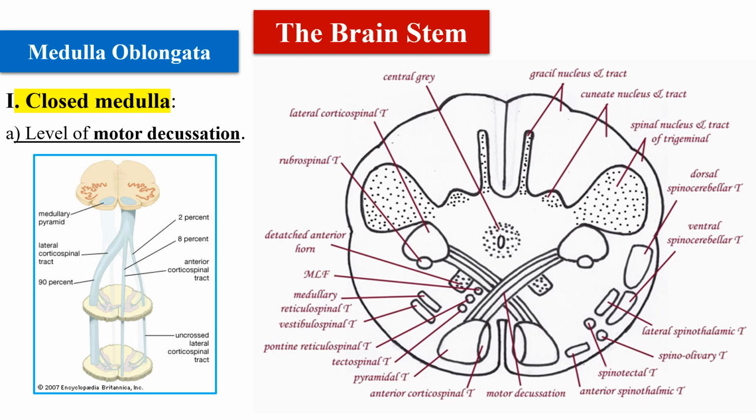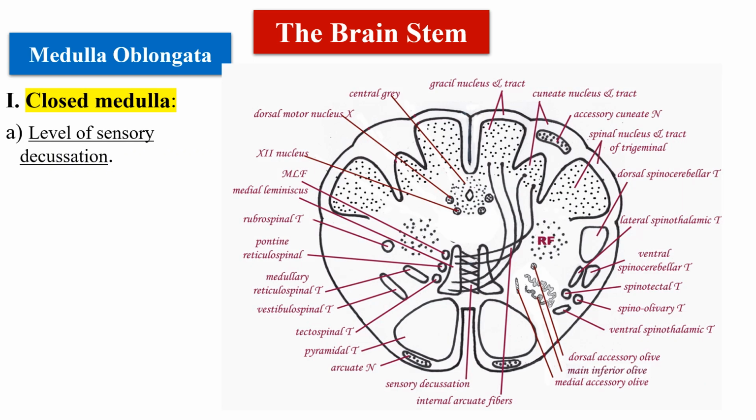Here I can also see the lateral corticospinal tract, which takes the shape of the pyramid on both sides, making decussating fibers, labeled motor decussation, to enter the pyramidal tract finally, which is present on the anterior aspect. So the feature is the lateral corticospinal tract making decussating fibers, which are the motor decussation. And ventrally, I can see the pyramid or pyramidal tract on the ventral aspect of the closed medulla level.